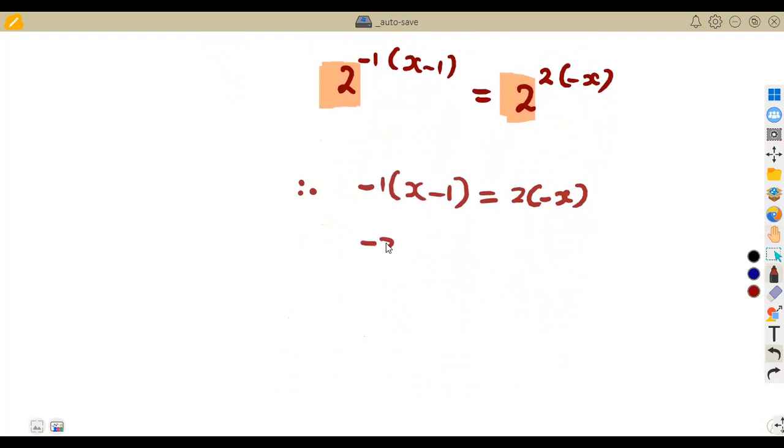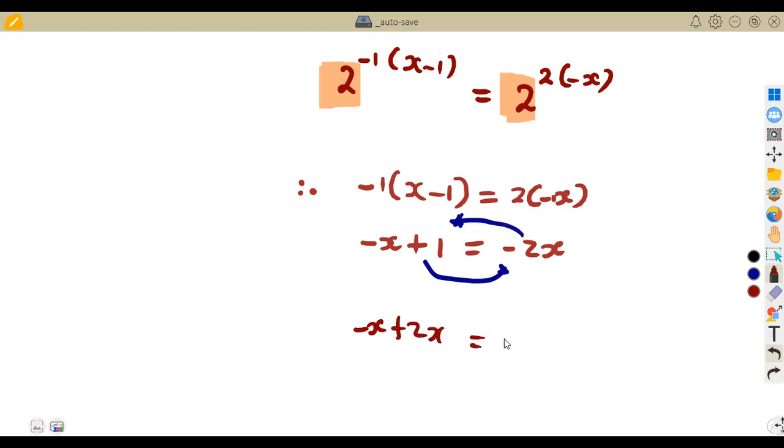Negative times x, that's negative x. Negative times a negative, that's a positive 1. 2 times negative x is negative 2x. There's a positive, so 2 and negative 1, that's a negative 2. We're going to collect the x to one side of the equation. This side jumps the equal sign, it becomes a positive. 1 jumps the equal sign, it becomes a negative on that side. So here we're going to have minus x, and minus 2 jumped here, so it's a positive 2x.